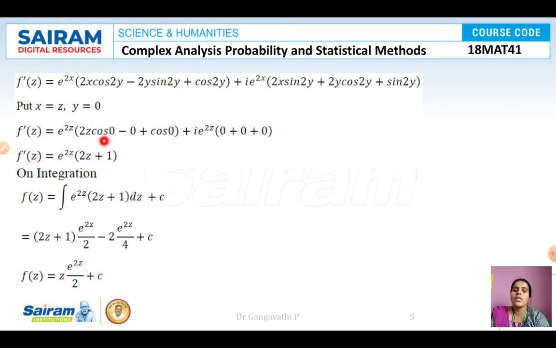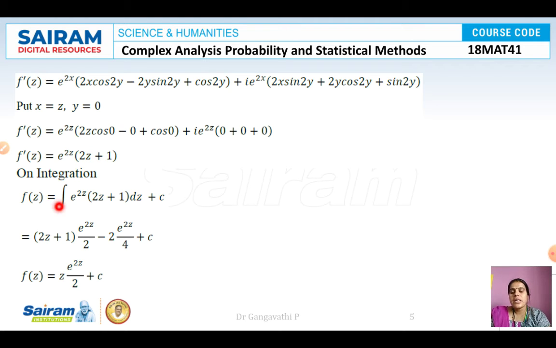And y is 0, 0 multiplied by anything is 0. Cos 0 is again 1, e to the power of 2z. Here you have sine 0, sine 0 is 0, and 0 multiplied by anything is 0, again the sine term is 0. So f dash of z results in e to the power of 2z, cos 0 is 1. So you get 2z plus 1.